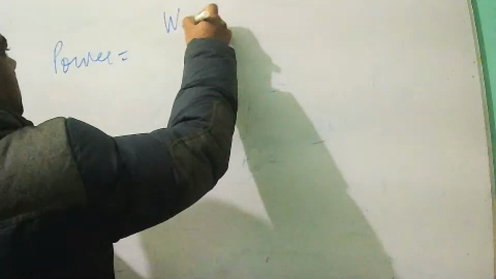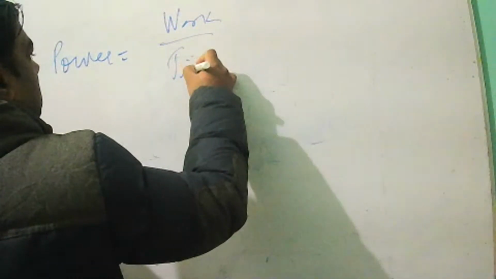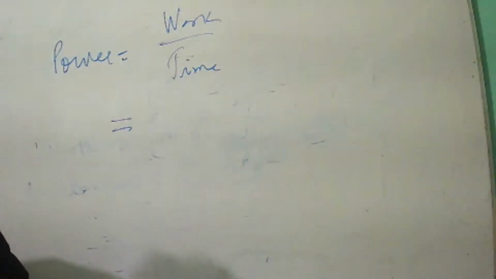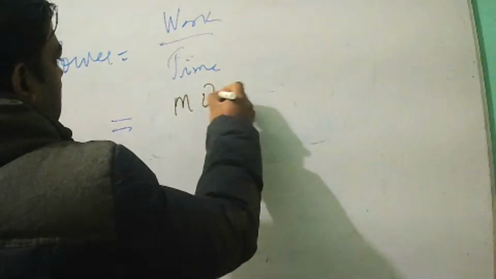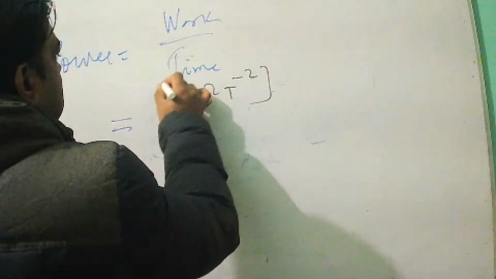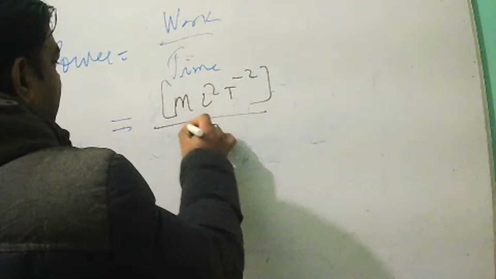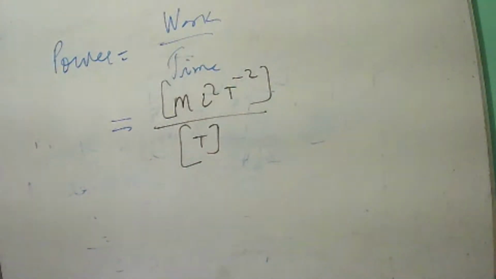Next physical quantity is power. Power is equal to work upon time. So just now for work you have calculated dimension formula, that is M L square T minus 2, and for time we write T. So combine them.